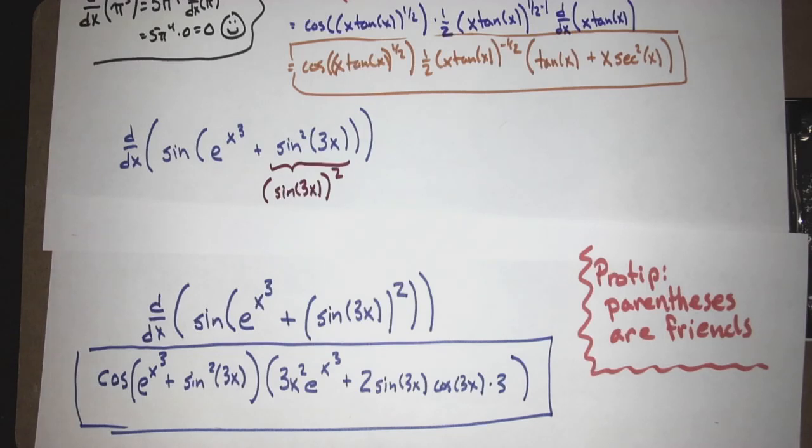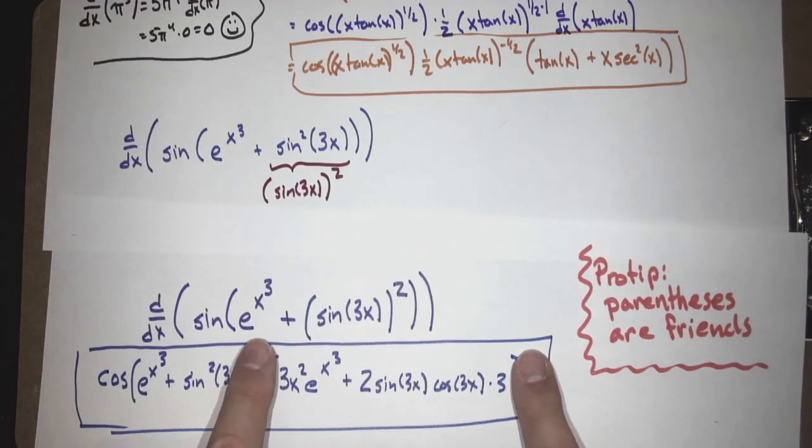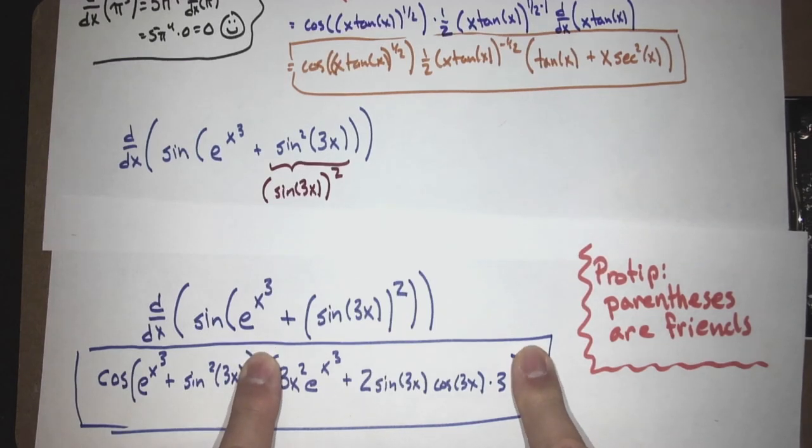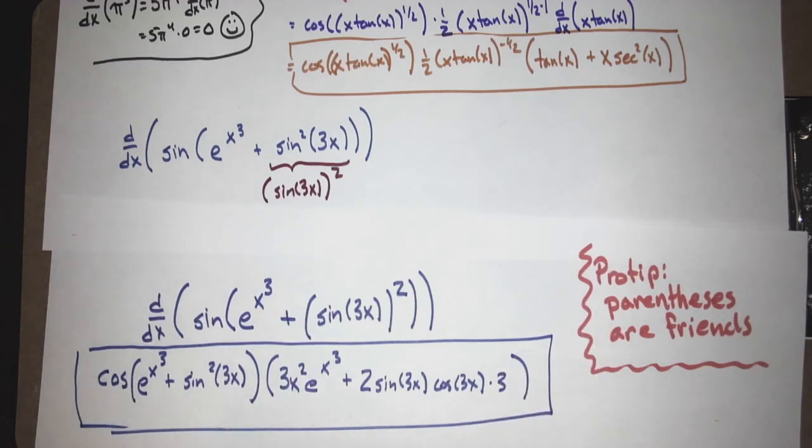For instance, suppose I had forgotten that set of parentheses. Would that be the correct answer? No. The problem is it looks like only this part gets multiplied by the cosine, but you need the whole thing multiplied by the cosine. That's why parentheses are friends.